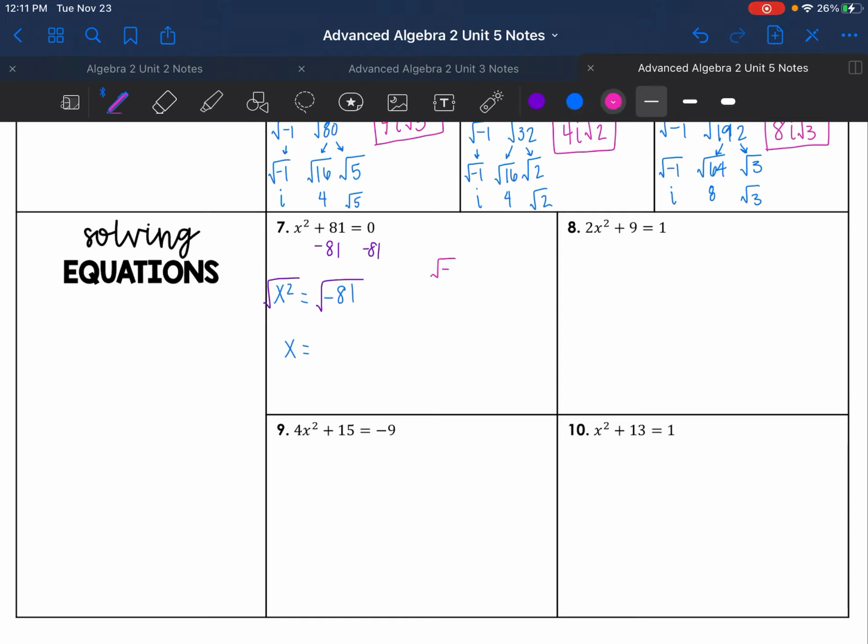Remember, we take out the negative 1. And that becomes i, and the square root of positive 81 is 9. So x equals 9i. When we're solving equations this way, remember you have to put the plus or minus. So x equals plus or minus 9i.